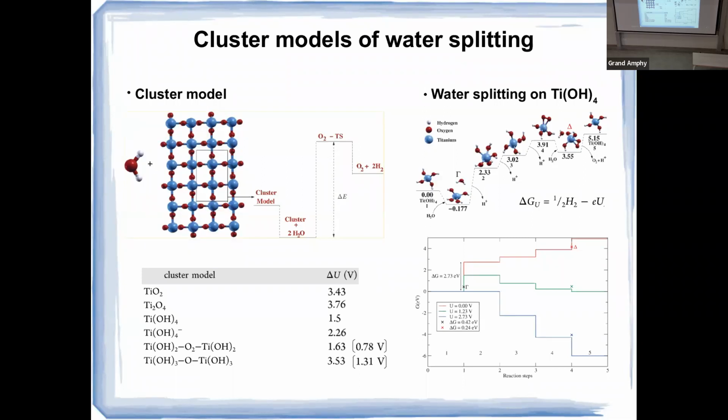And the motivation is clearly that for cluster models, you can use a higher level of theory, you can describe it more precisely, and then in principle you can explore more possible reaction paths, identify which is the rate limiting step, and the energy barriers more accurately.